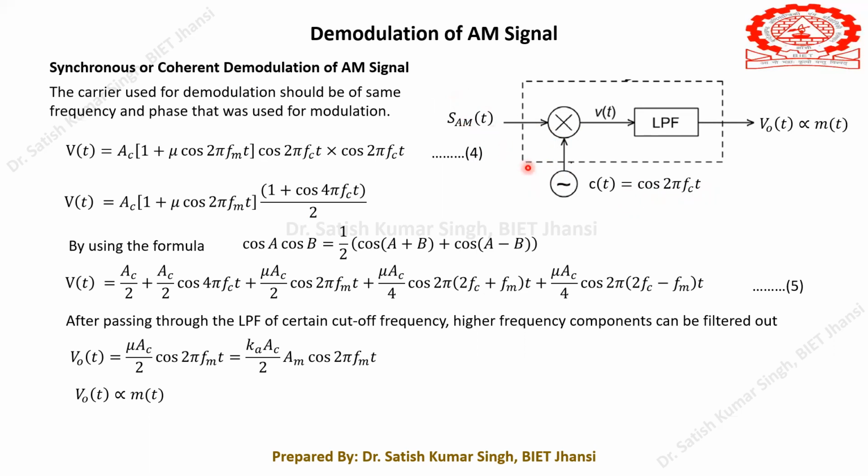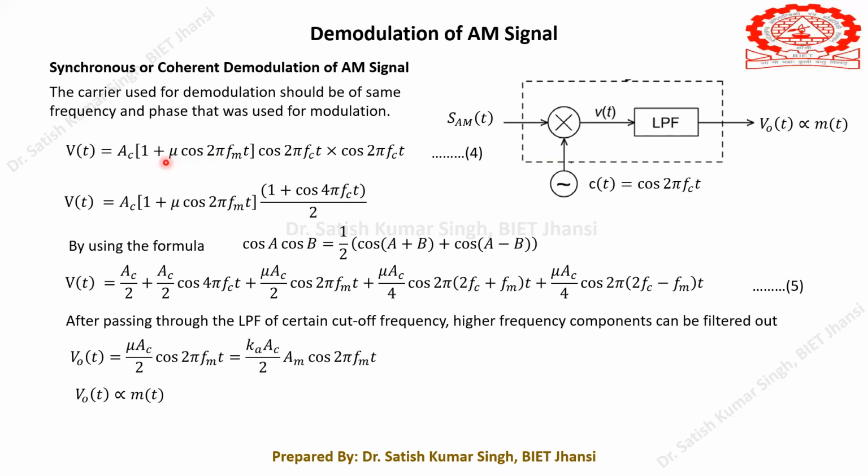If you remember, the standard equation for our conventional AM was A_c(1 + μ cos 2πf_m t) cos 2πf_c t.